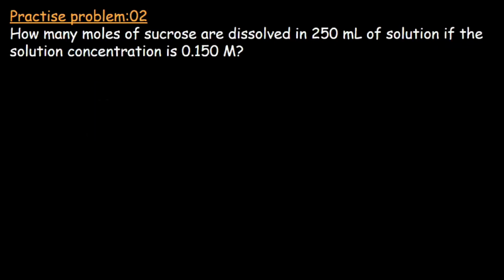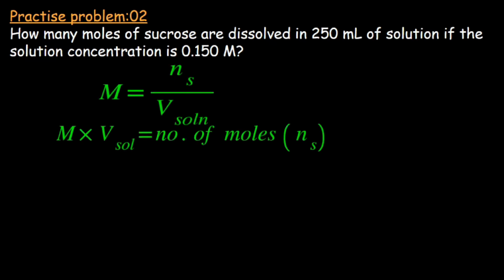Let's discuss another example. How many moles of sucrose are dissolved in 250 ml of solution if the solution concentration is 0.150 M? In this statement, we want to calculate the number of moles of sucrose. The equation of molarity is number of moles of sucrose divided by volume of solution, which is rearranged as molarity multiplied by volume of solution equals number of moles of sucrose.